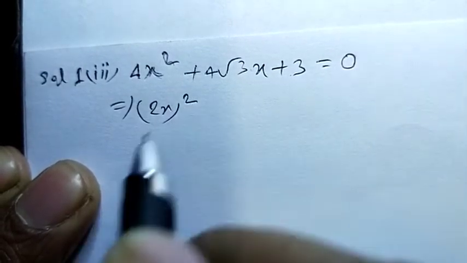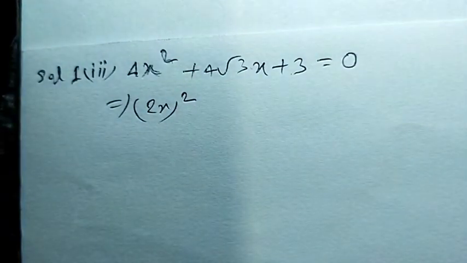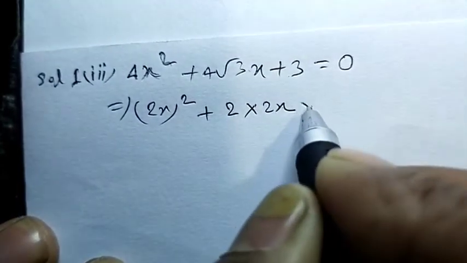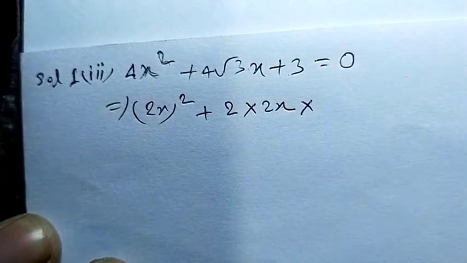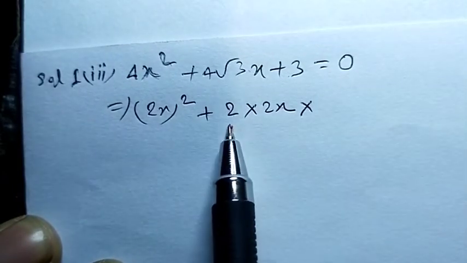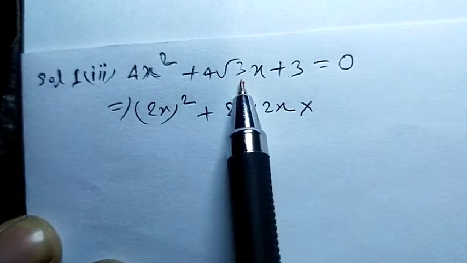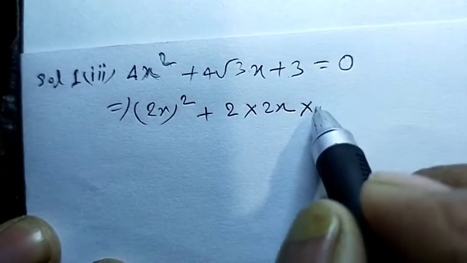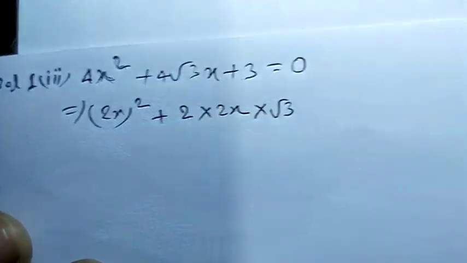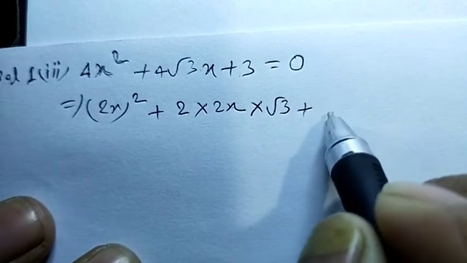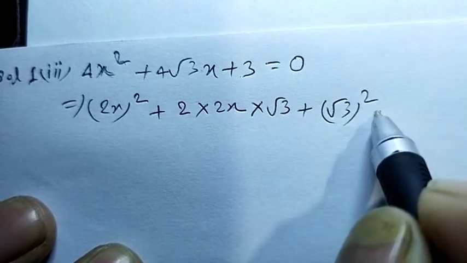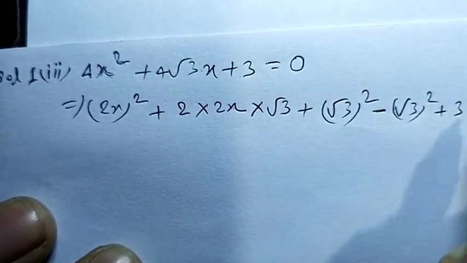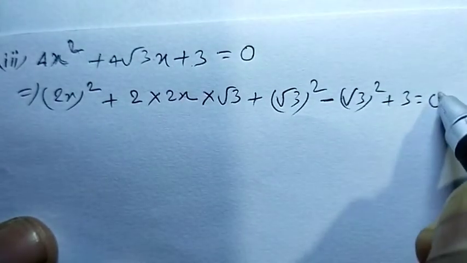2x the whole square, a square plus 2ab. We have to find 4 root 3. 2 into 2 is equal to 4, so we only have to multiply root 3. So we write here root under 3 plus root 3 the whole square minus root 3 the whole square plus 3 is equal to 0.